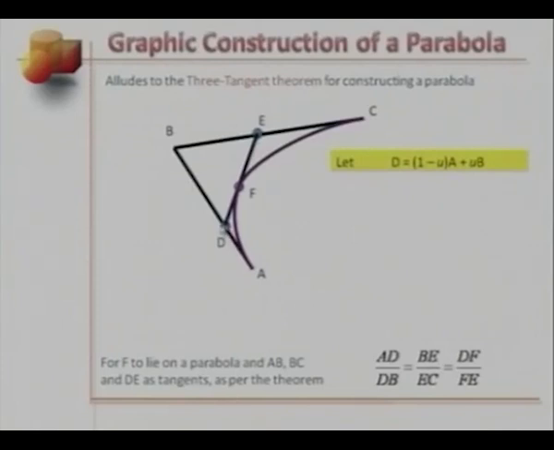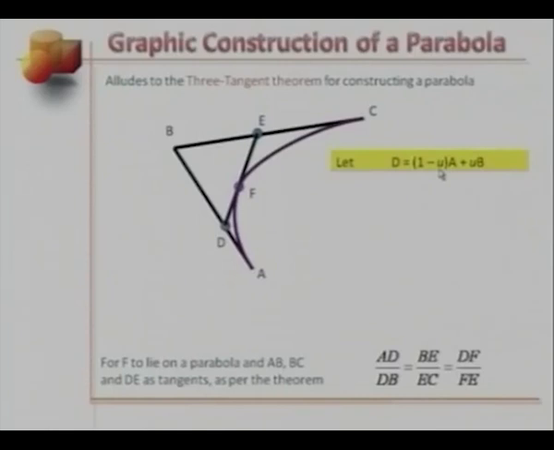Any point on a line segment can be expressed as D equals 1 minus U times A plus U times B, where U is a parameter that assumes the value between 0 and 1. A and B are the position vectors, and D is the position vector of a point on the line AB.